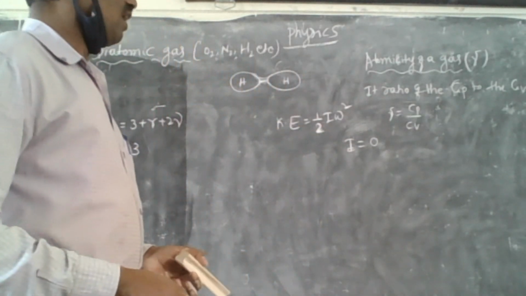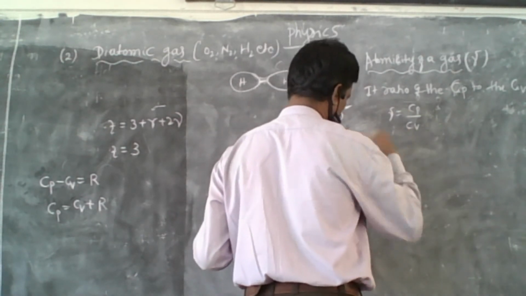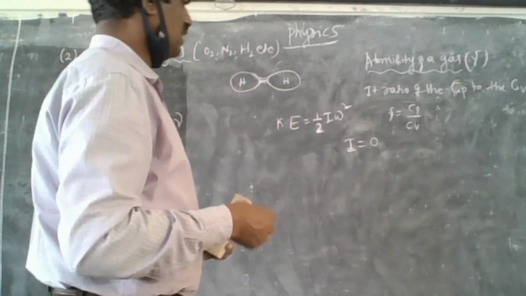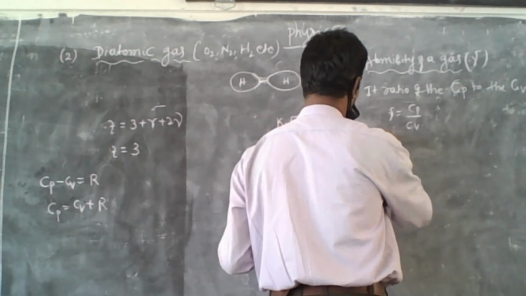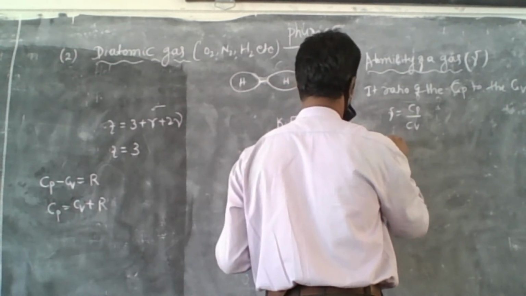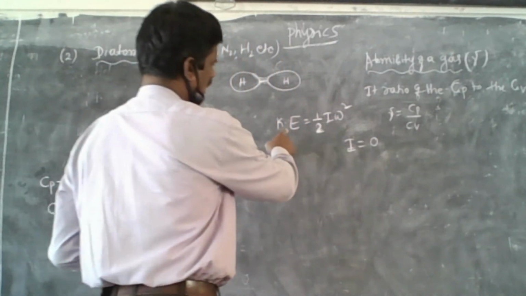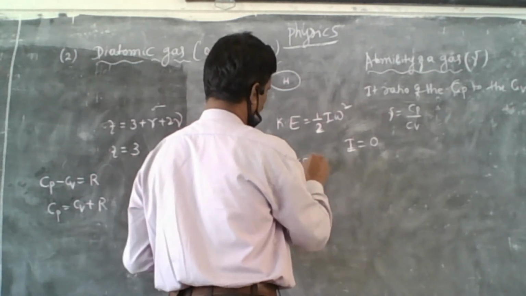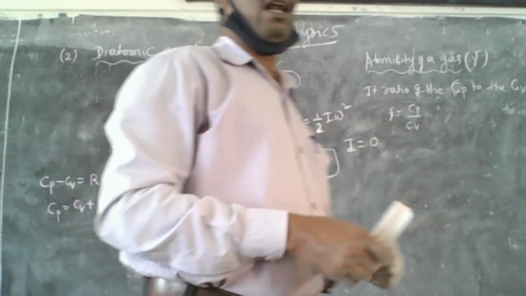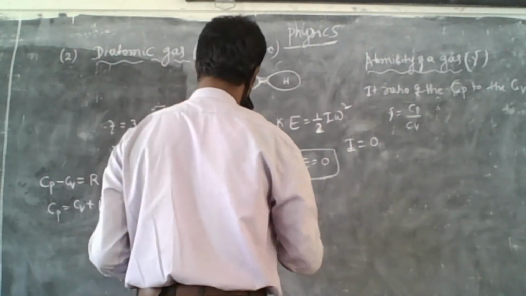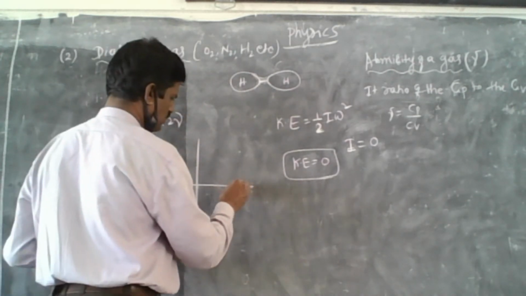Therefore, the angular velocity is also 0, so the kinetic energy of the molecule along the x-axis will be 0.